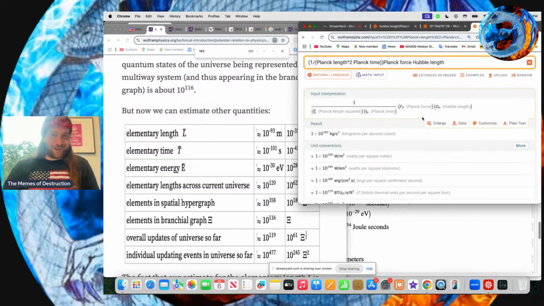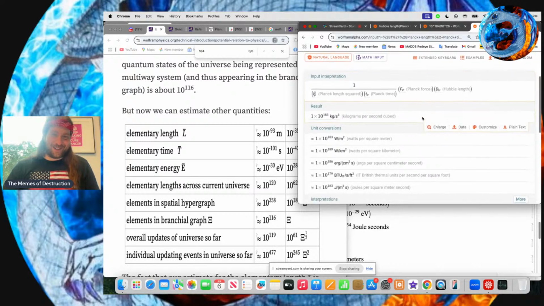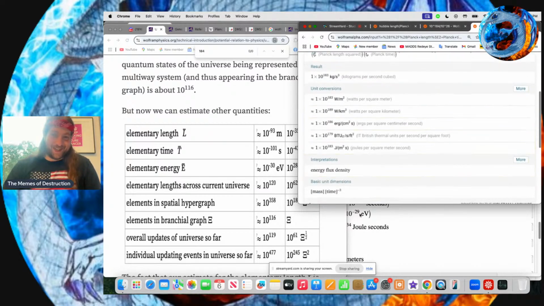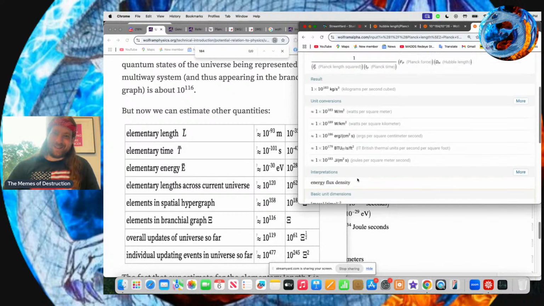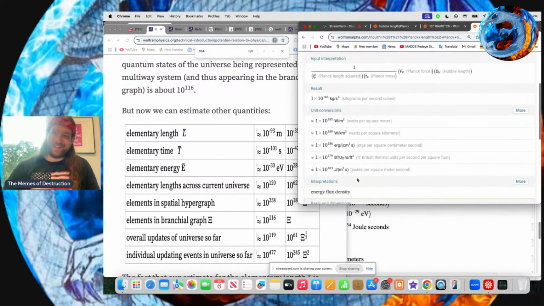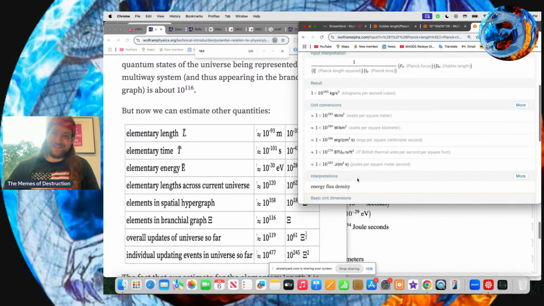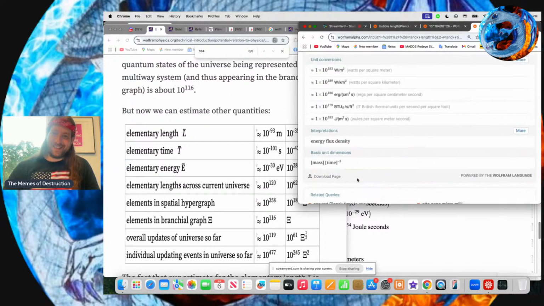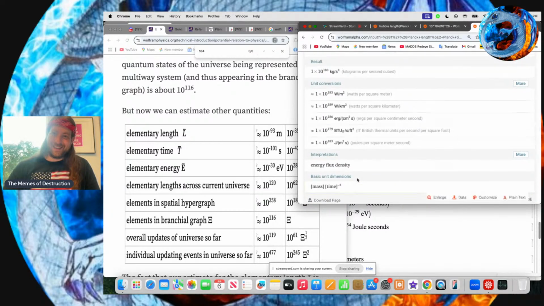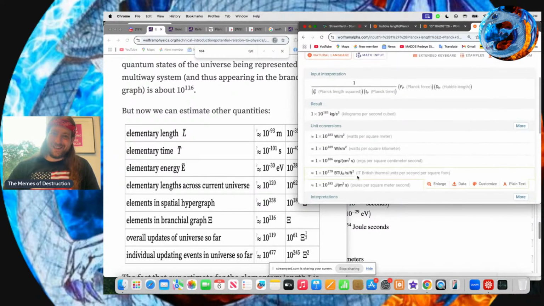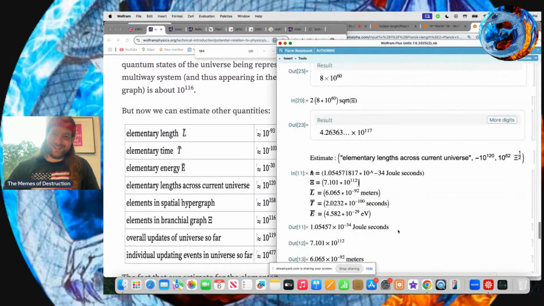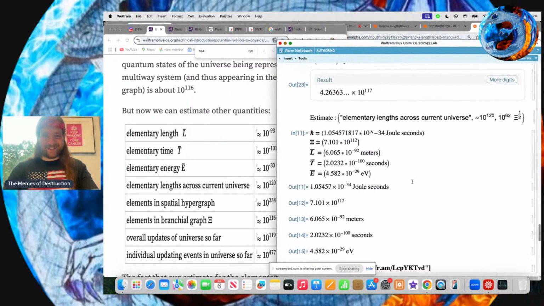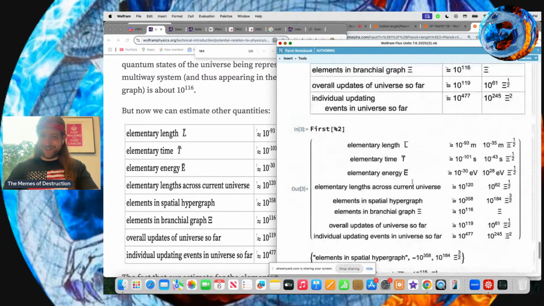Okay, we're within 1 order of magnitude. I have no idea what the heck any of this stuff means. Oh, this just became energy flux density. Oh, God. Okay, I don't know what that is. Alright. Pass. I should have done that a while ago.